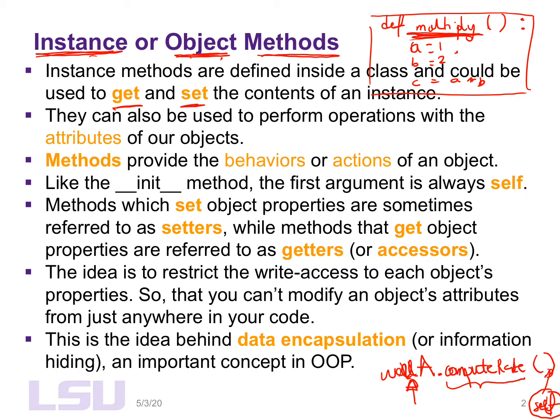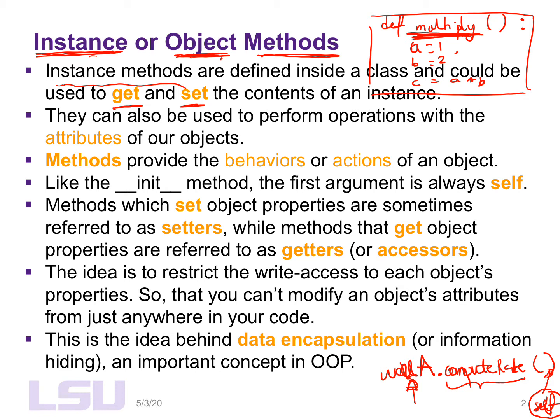So you can set and get the contents of an object using instance methods. You can also compute different properties like rate, cumulative production, any actions the well can take or that can be taken on the well, you can provide through instance methods. Those describe the behaviors.